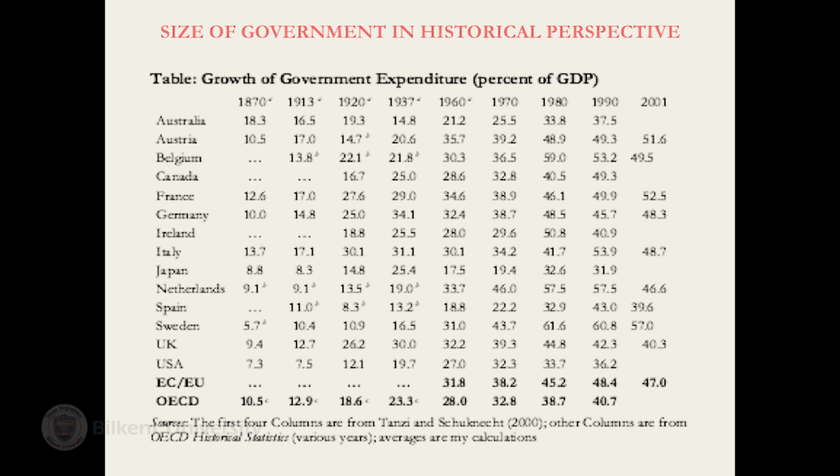The role of the state expands phenomenally under the Keynesian ideals or ideology, and the state goes through a massive expansion. Britain from 30% right before World War II, to 1970, almost 40%. 1980, 45% of British GDP is purchased by the British government.